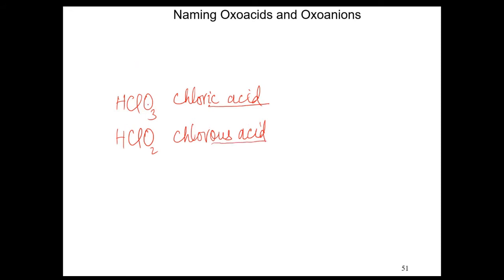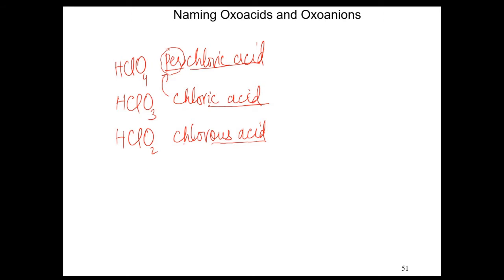Okay, friends. When you add 1 oxygen here, it becomes HClO4. Now you are adding 1 oxygen. Here just add per to the same name, chloric acid. Per means more. So here you are adding one more oxygen, so it becomes perchloric acid.